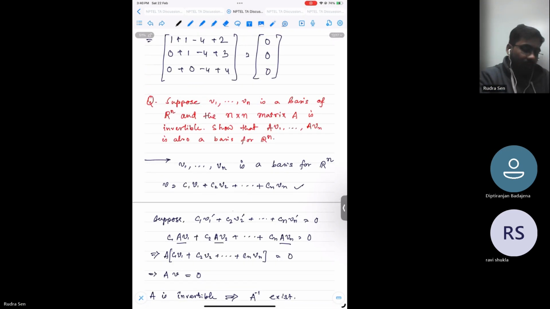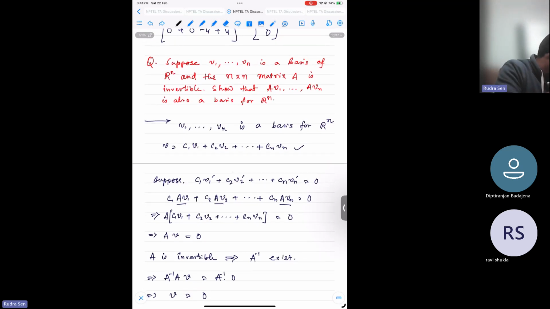Here we know that if V1 to Vn are the basis of Rn, and if A is an invertible matrix, then AV1 to AVn also are a basis, right? So what is AV1? This is basically one transformation. I'm taking V1 from one space, multiplying it with the matrix and shifting it to another place.